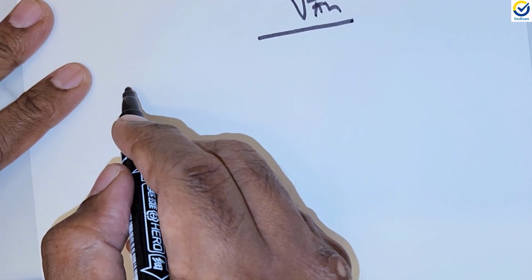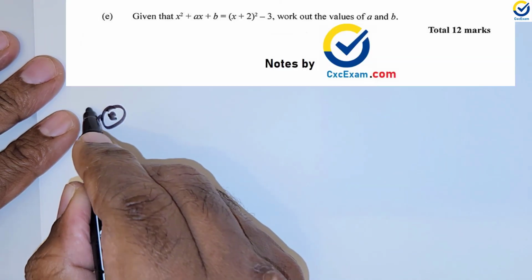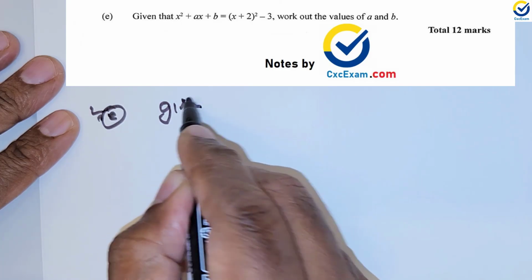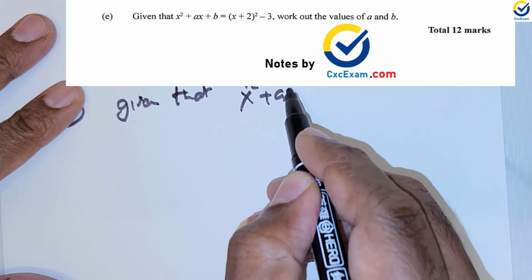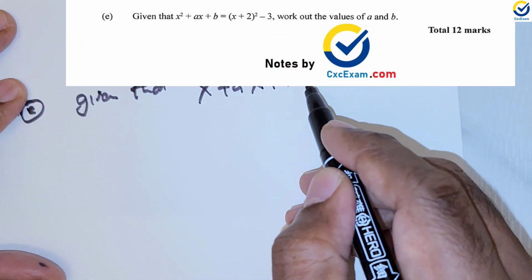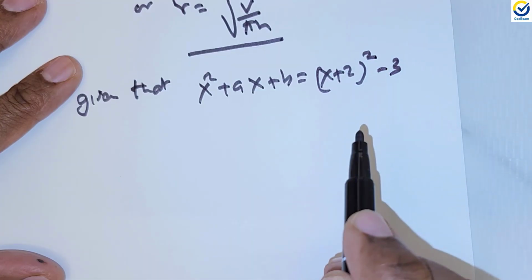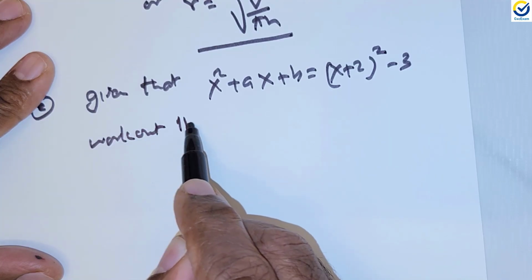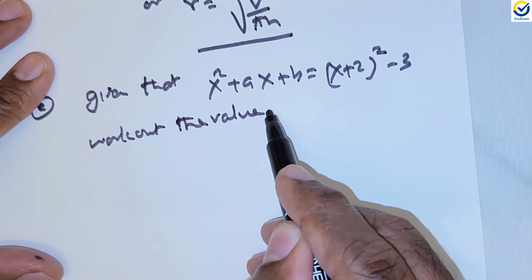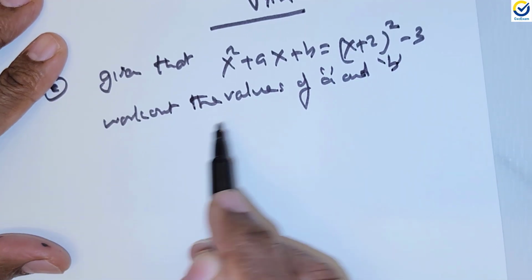Now in the next question, this is 2E. Given that x squared + ax + b is (x + 2) the whole squared - 3, we are asked to work out the values of a and b.